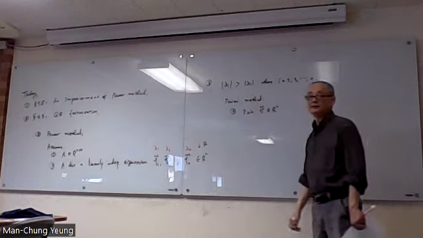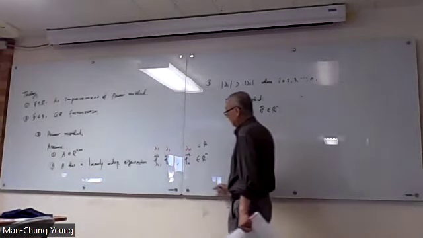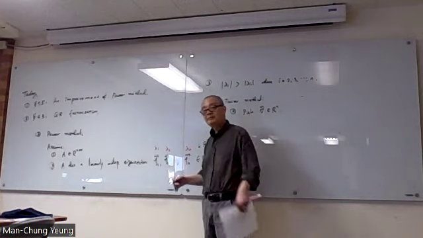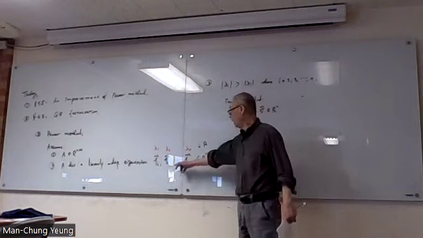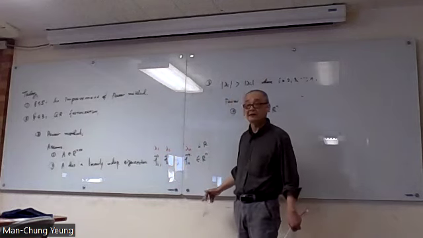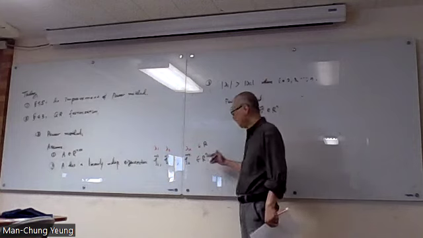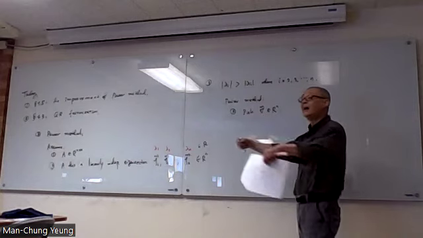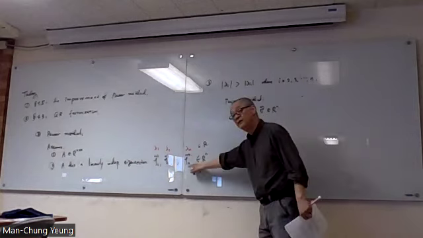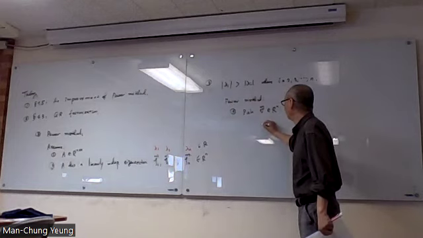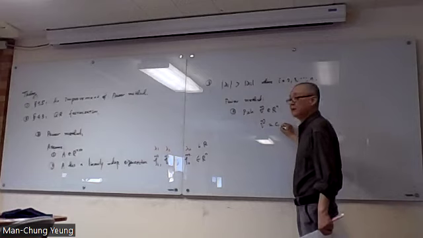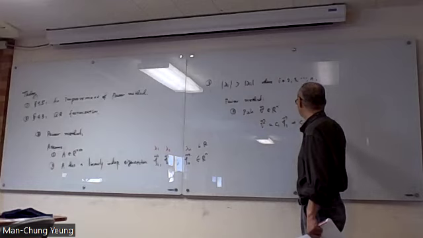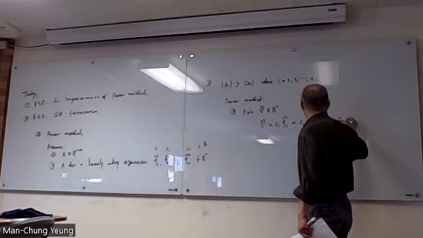Because psi 1, psi 2, psi n form a basis for Rn, n linearly independent vectors are a basis of Rn, I can express v as a linear combination of these vectors: v equals C1 psi 1 plus C2 psi 2 plus up to Cn psi n.